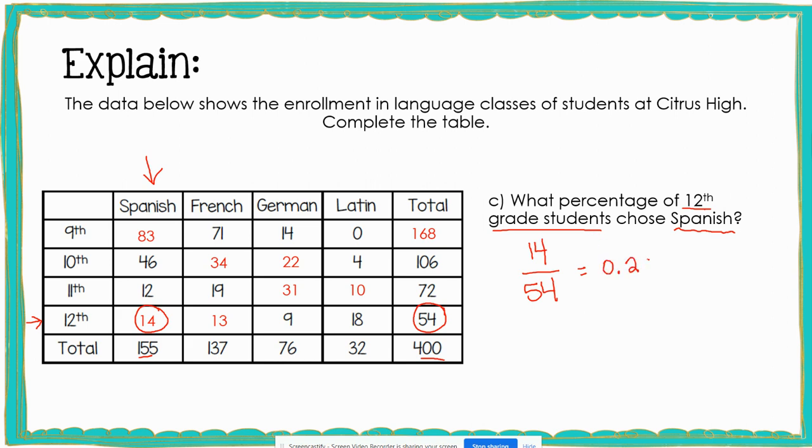So we get 0.259, and that 259 repeats. Now, to change this into a percent, you still have to move your decimal 2 places to the right, and that's going to make this 25.9, and then you have your 259, which is going to repeat. So all of this repeats, so I can put a bar over it and then put my percentage symbol.